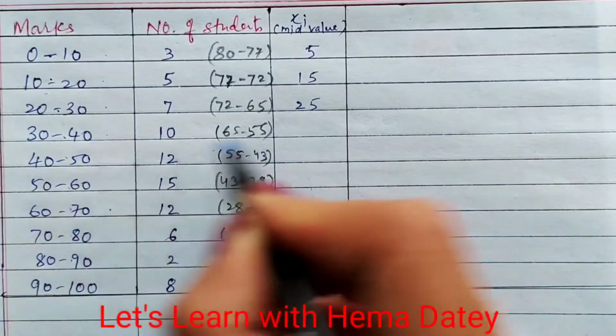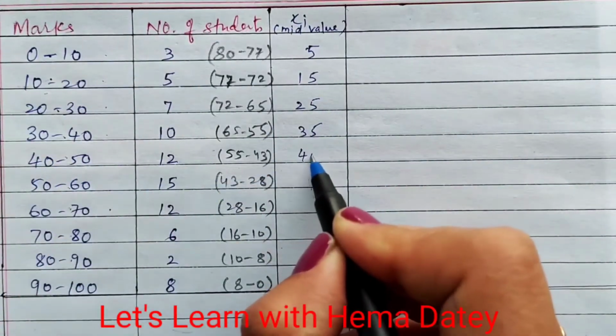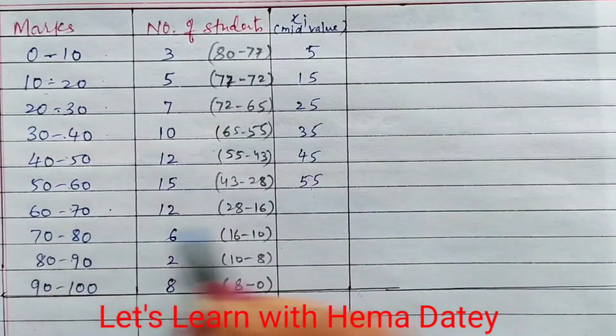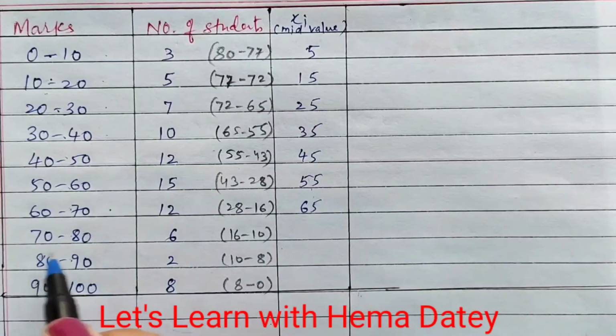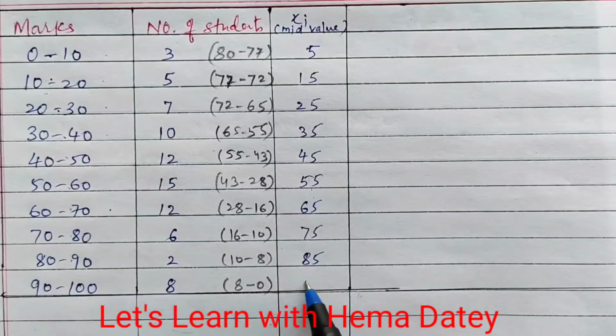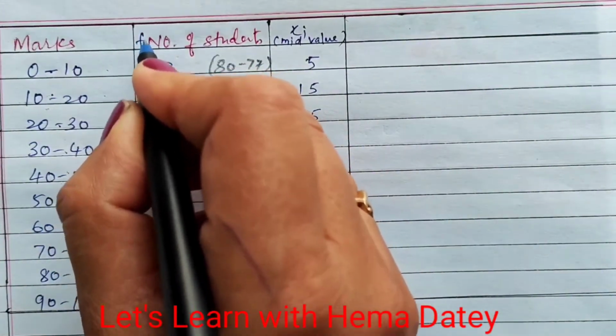Here we'll get 35. This is 45. This is 55. 65. Mid value of this is 75. Mid value of this is 85. And mid value of this is 95. These are the frequencies fi.